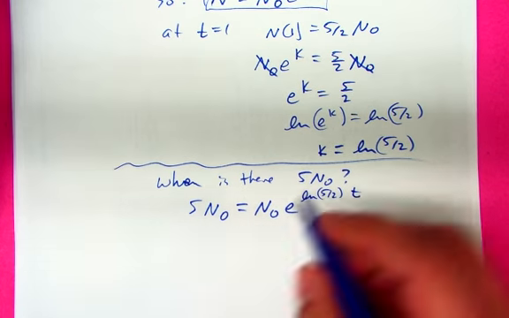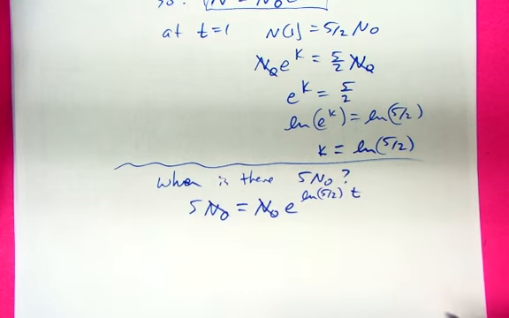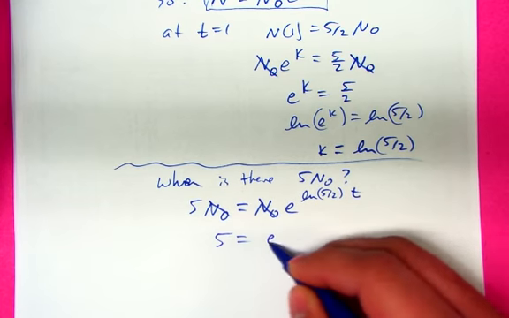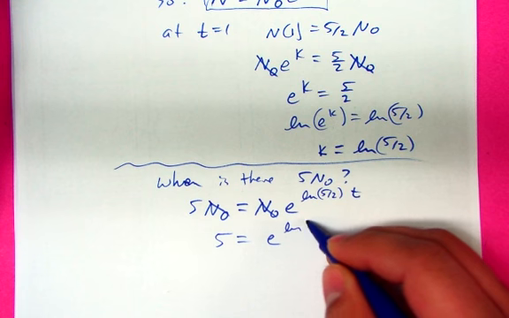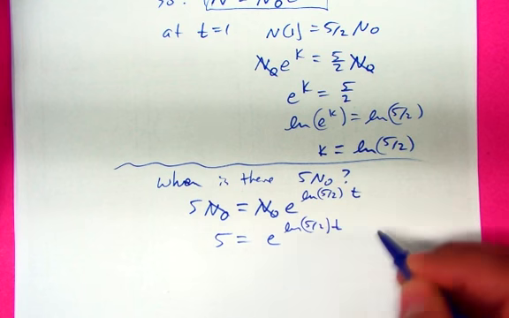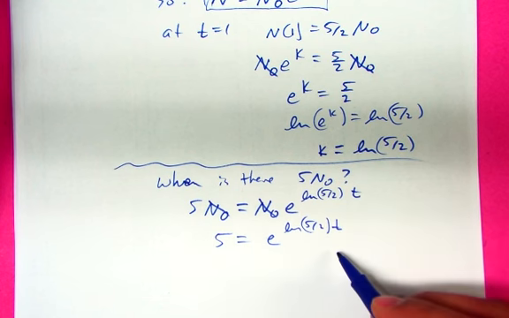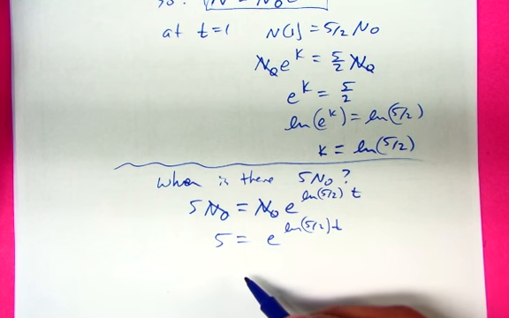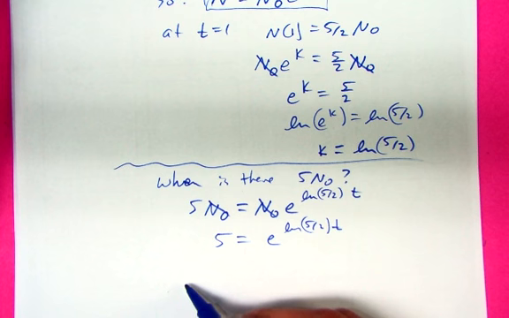Initial amount cancels. If I want to solve for t, you're going to have to natural log both sides.